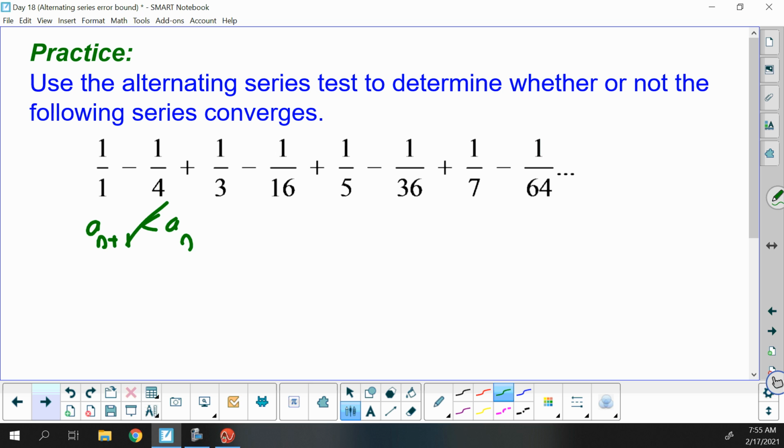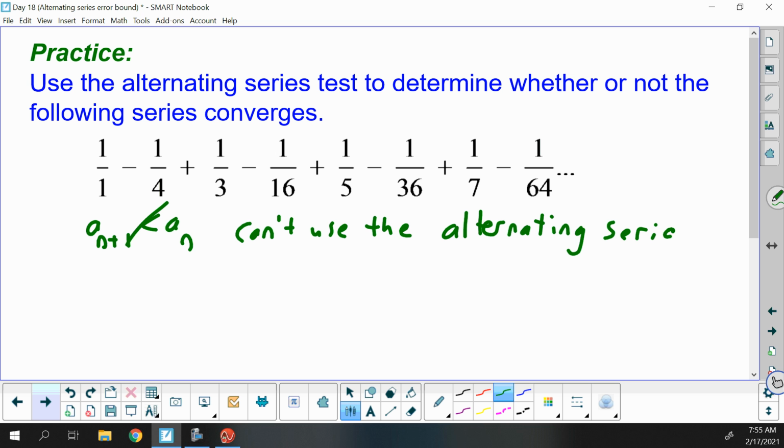So this doesn't apply. So we can't use the alternating series test. So we've got to see if there's something else we can use.